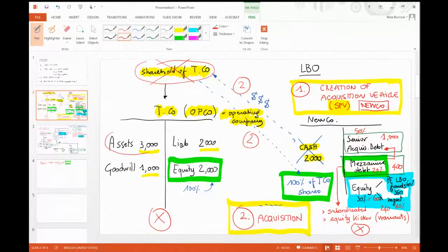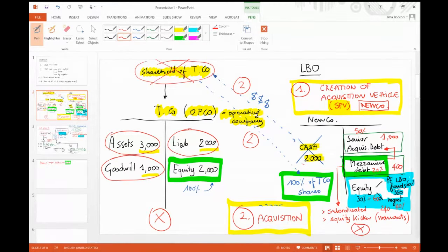So I will absorb assets 3,000, goodwill 1,000, and the liabilities 2,000, for a net value of 2,000. You have on your asset side a value of the equity stake of exactly 2,000, so you will cancel the value of TICO shares. You are consolidating, in a sense, the two balance sheets.